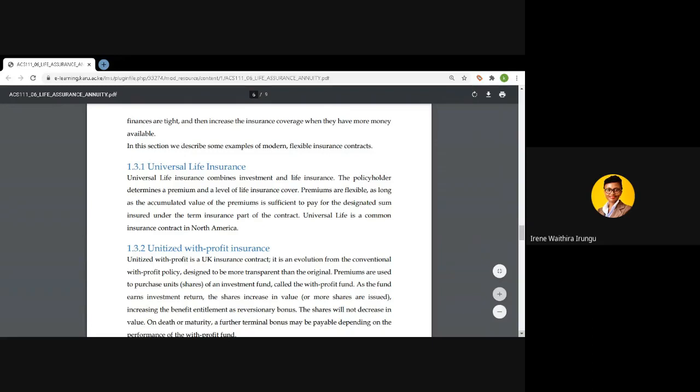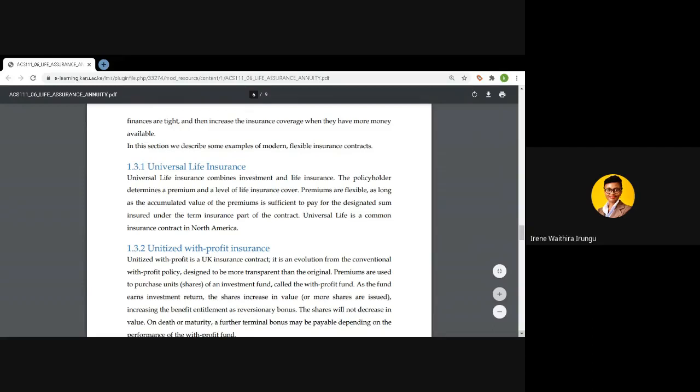If two people are the same age and the same gender, it is possible for one to say they can only afford to pay 10,000 in premiums, and another to say they can only afford 5,000, so that the sum assured will be reflective of the premiums they are actually paying.